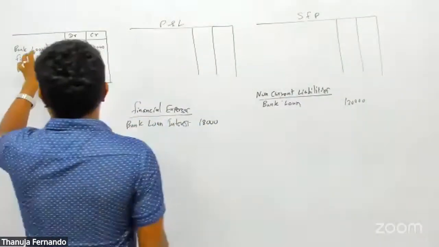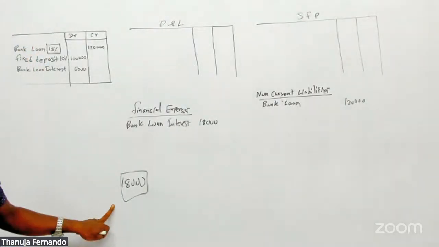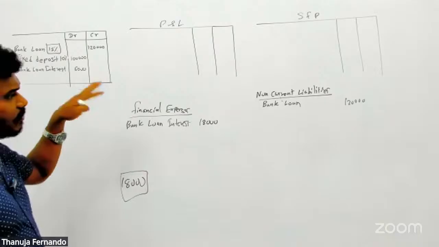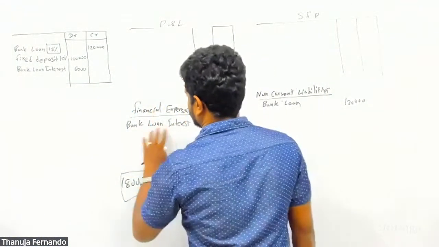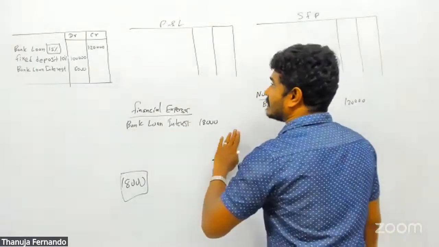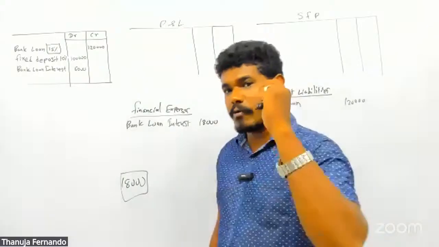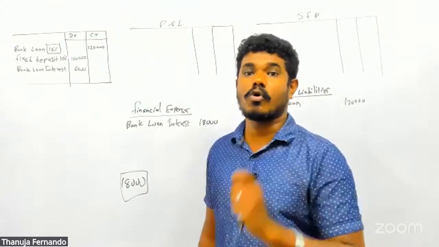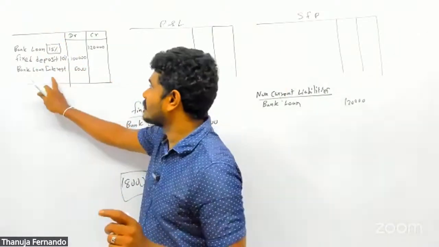Then we check the interest percentage, 15%. 15% means 18,000. Bank loan interest is an expense. So under the profit and loss statement, financial expenses, bank loan interest 18,000. Then we have to check whether we have paid this bank loan interest or not. If we paid, then it is mentioned in the trial balance.